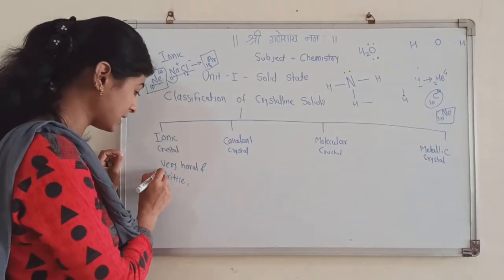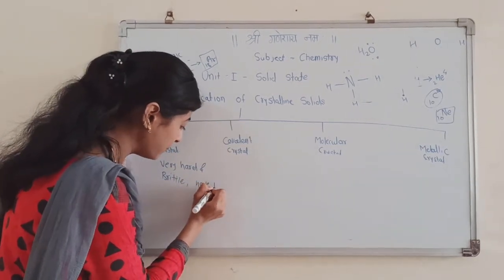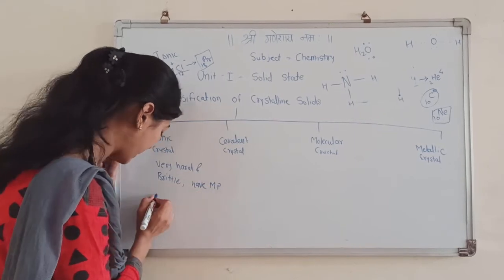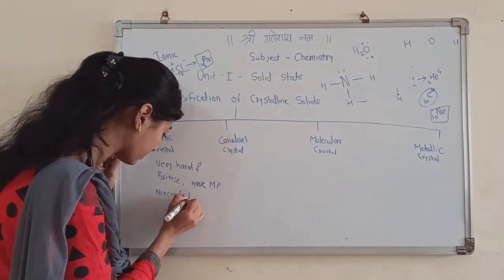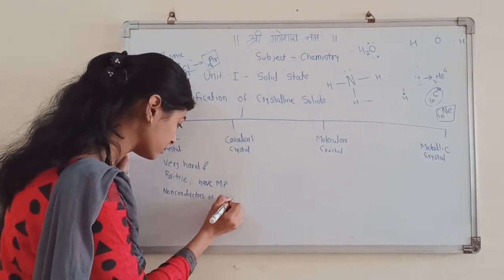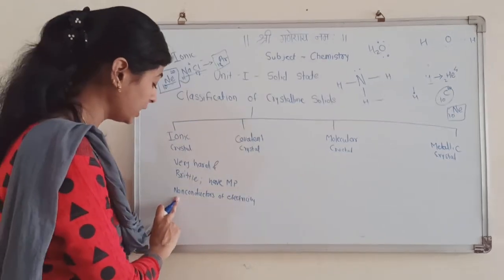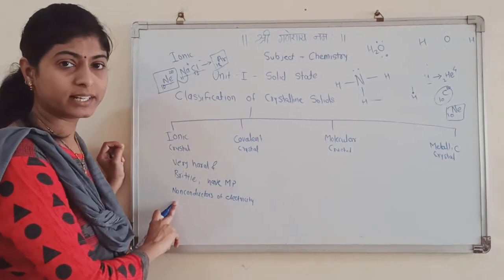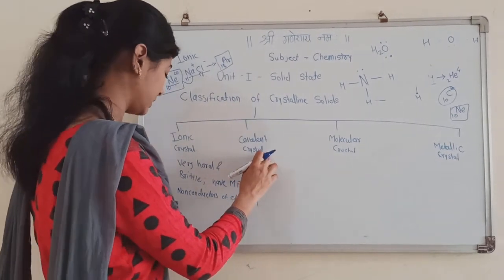Ionic crystals are very hard and brittle, have a high melting point, and are non-conductors of electricity. But on heating, they become good conductors of electricity. Now, covalent crystals.